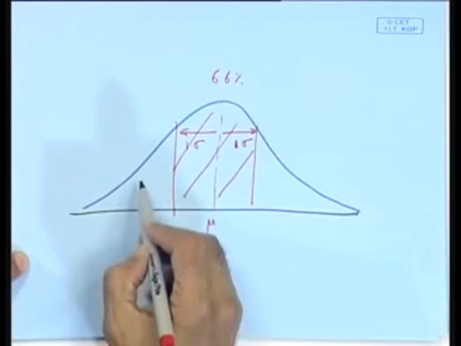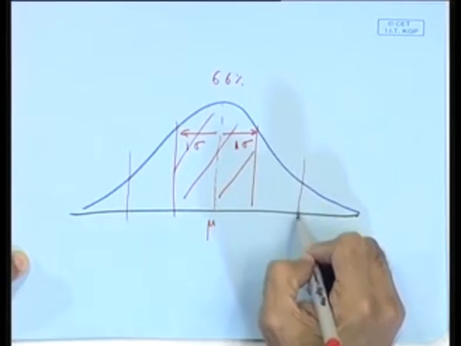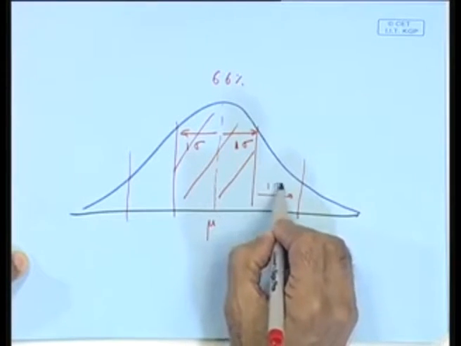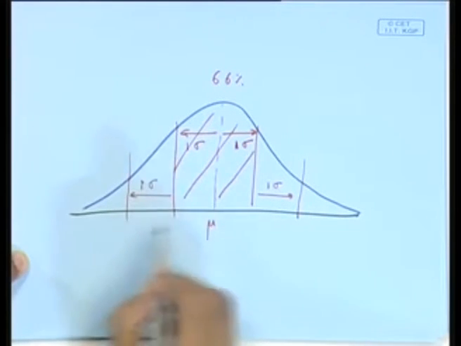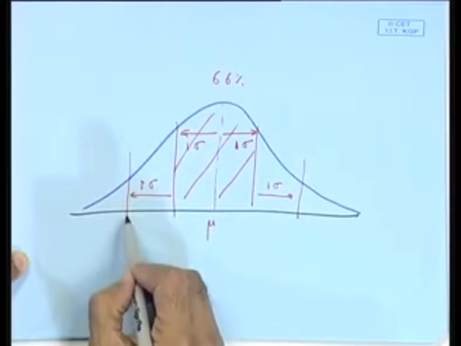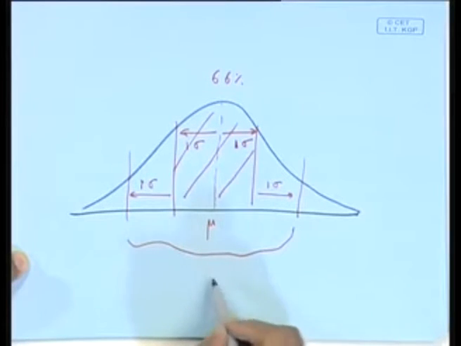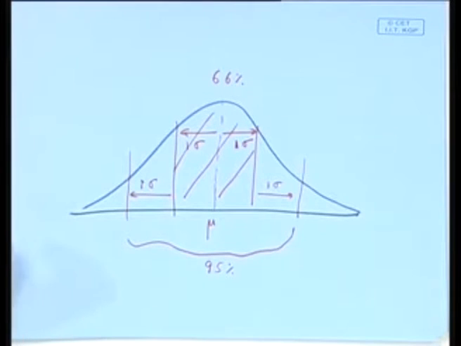If I make it another sigma, let's say I came up to this point here, from the midpoint I'm now 2 sigma away, 1 sigma and 1 sigma. This distance from here to here will contain 95% of the area under that distribution.